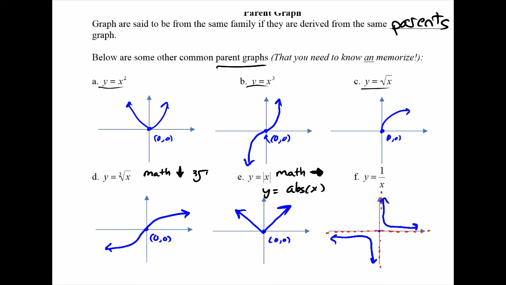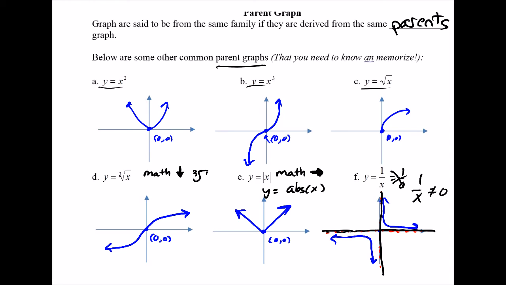What happens when x is 0? We have 1 over 0. No good, we don't want to divide by 0. So it never touches the x-axis, and this function can never equal 0 itself. 1 over x can never equal 0 itself.